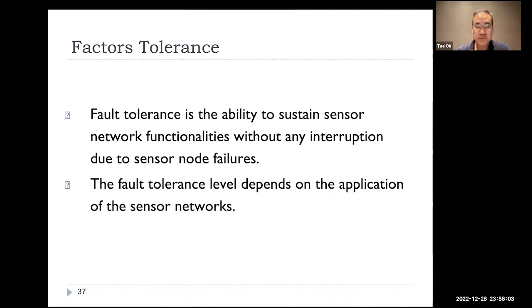If one node fails, then another node can pick up the slack and continue to transmit the data. So that's fault tolerance. You don't expect to have 100% without any failure. There are reasons that it's not able to send the data to the destination.